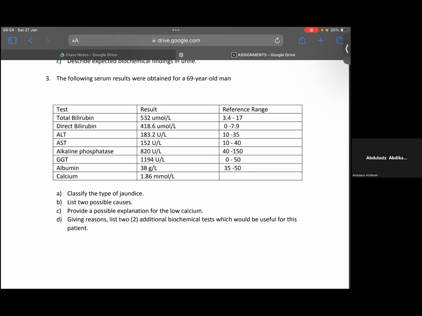Okay. So giving reasons, list 2 additional biochemical tests which will be useful for this patient.